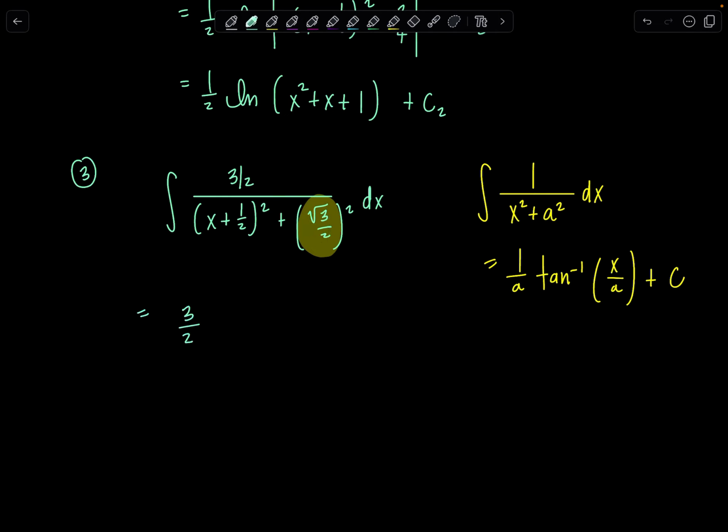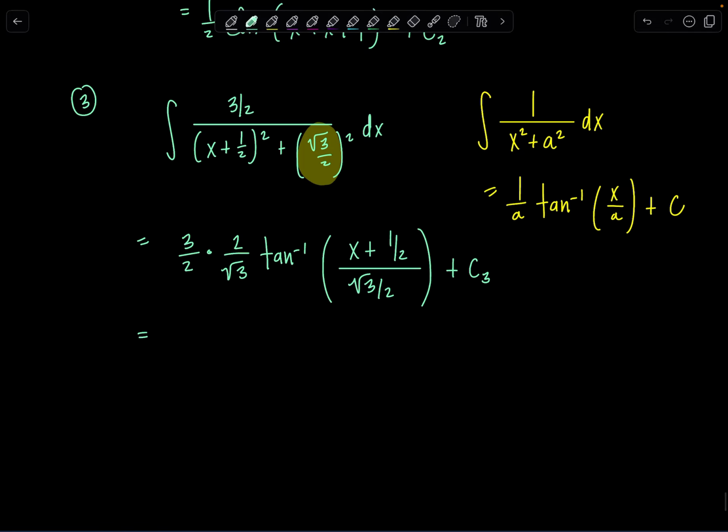So 3/2, you're hanging out there. I need 1 over A out front, right here. 1 over A, so that's the reciprocal of rad 3 over 2, which is 2 over rad 3. And then I have tan inverse. I don't just have plain old x, I have x plus 1/2 over A, rad 3 over 2, plus C3.